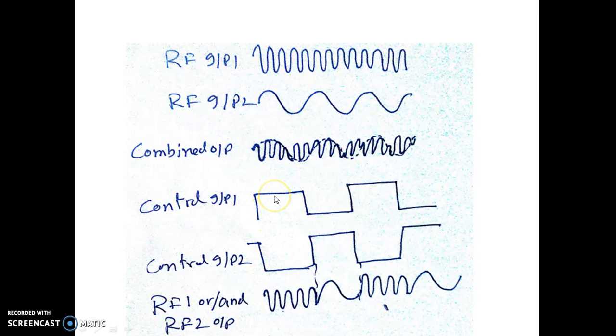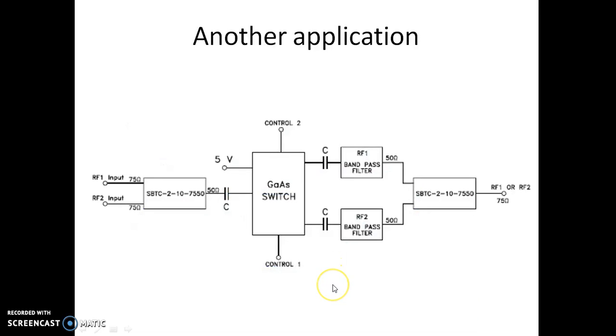Whenever input 1 is high, let us assume that at the output of the final combiner we have the output corresponding to RF1, and whenever control input 2 is high, we'll get at the output the signal from RF2. Likewise, using this combiner and one more combiner, it is possible to get the desired type of signal at a particular line.